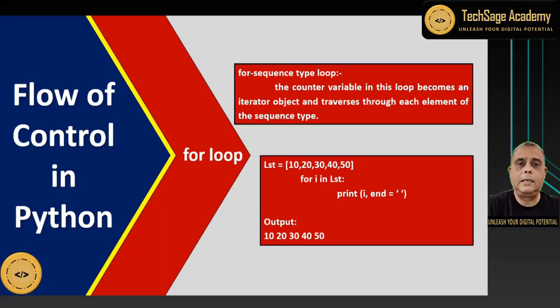But here it is written as for i in this list, lst. Print i. So i will traverse over each and every object of lst and will take up their value. The output in this case should be 10, 20, 30, 40 and 50.